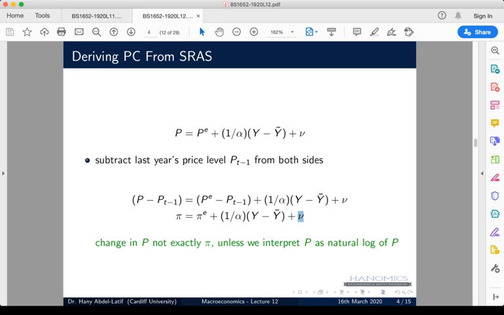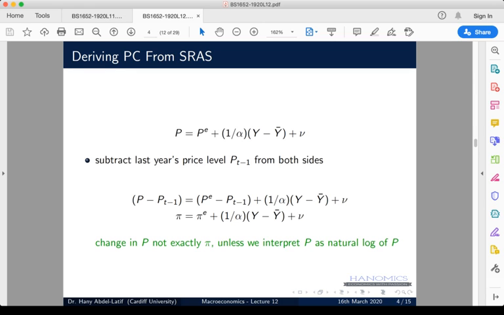So from here we derive the relationship between the inflation rate, the expected inflation rate, and the output gap plus some supply shock. Remember when we talked about the natural rate of unemployment and the relationship between unemployment and GDP or output level. This is something we covered in lecture 2 when we talked about different macroeconomic variables.